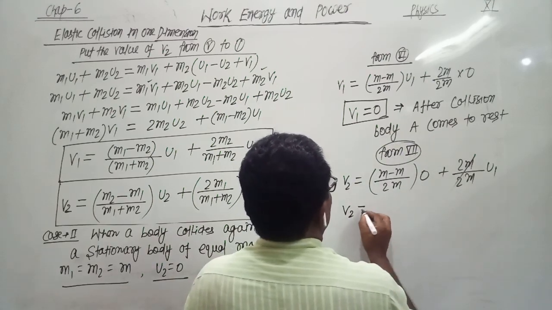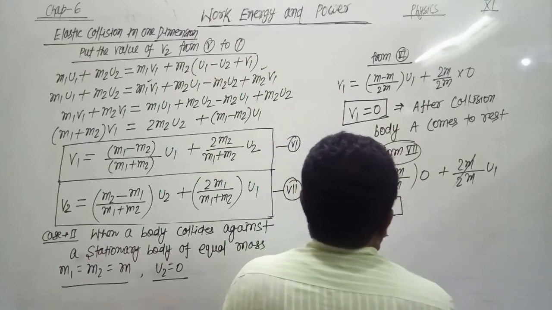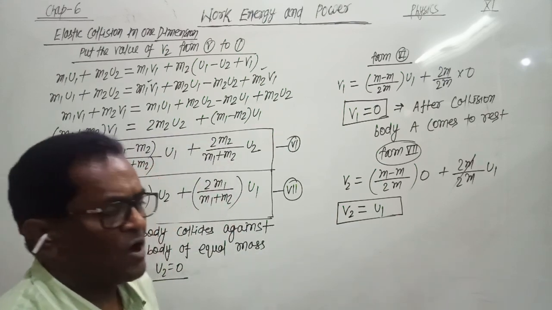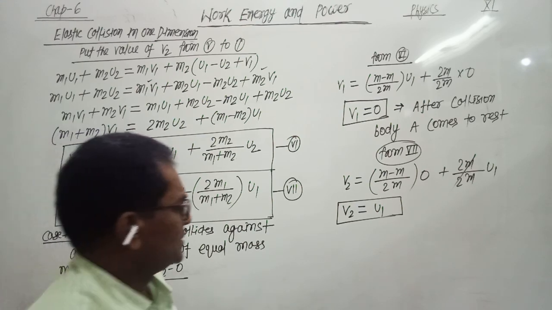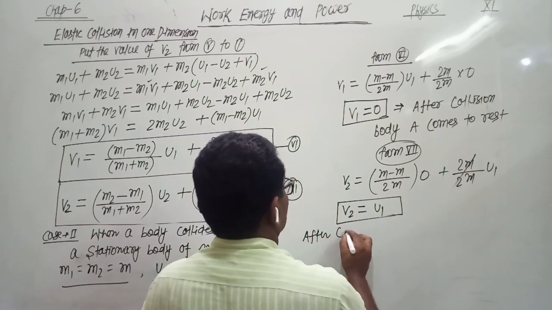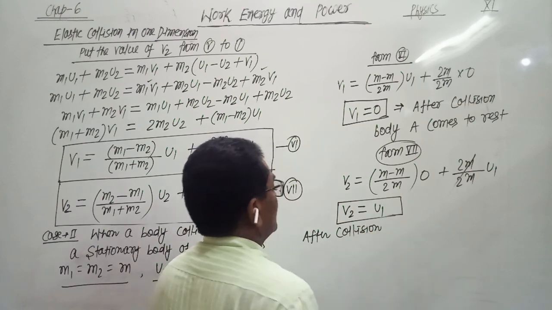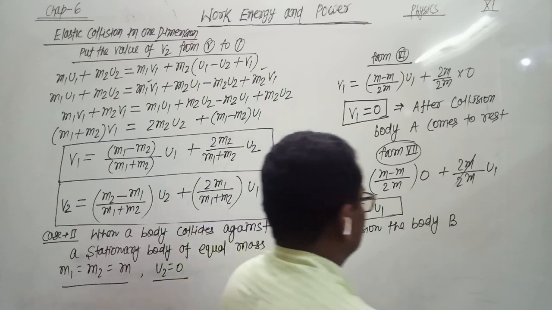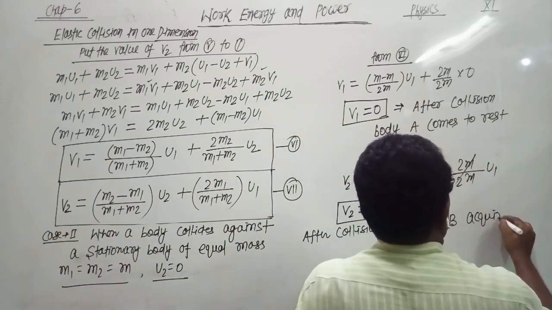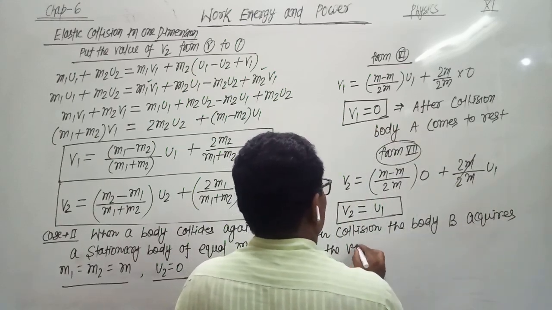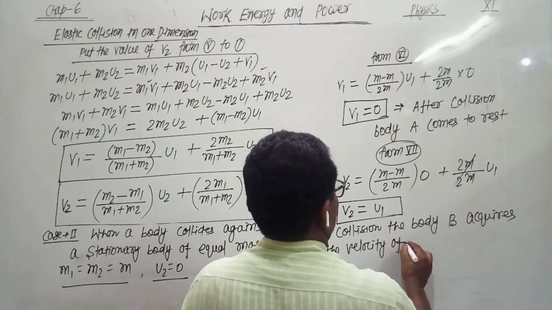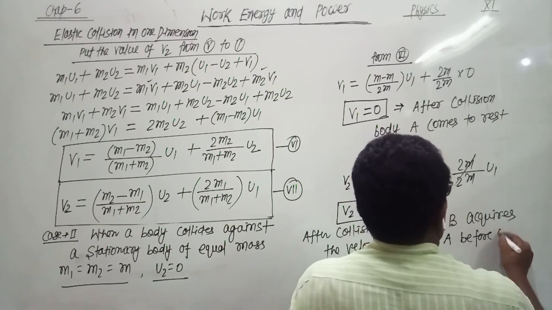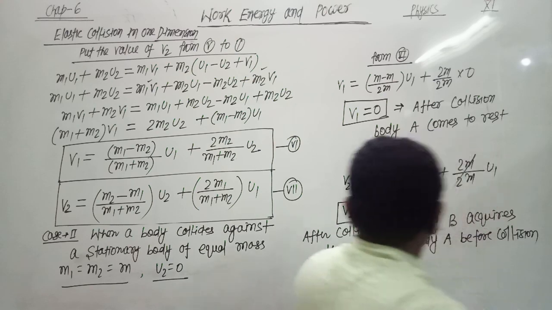So v2 equals u1. This means after collision body B acquires the velocity of body A before collision.